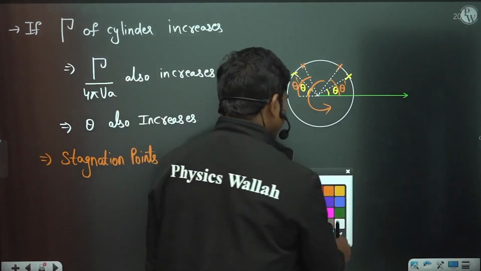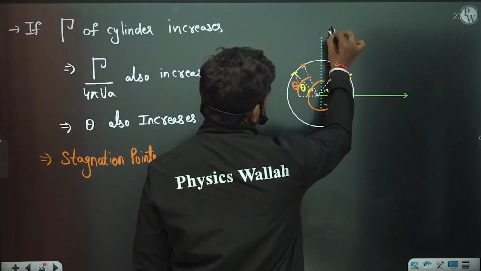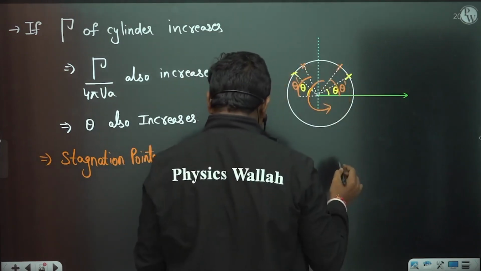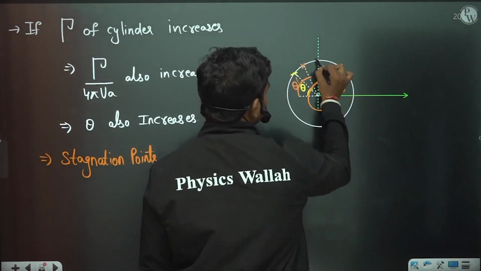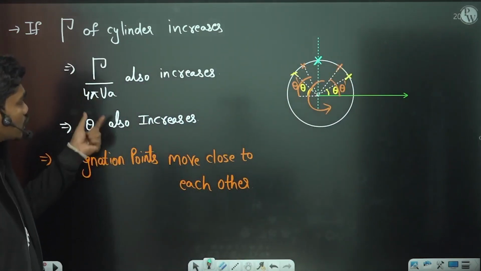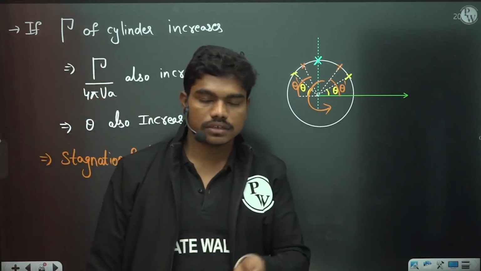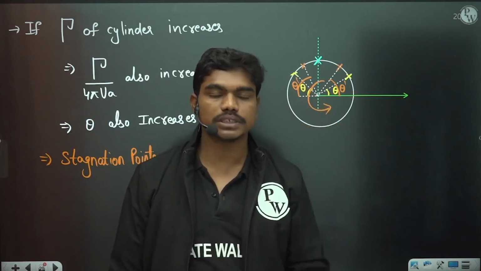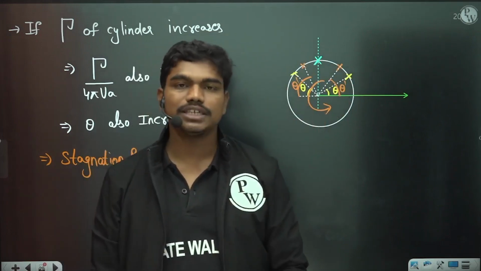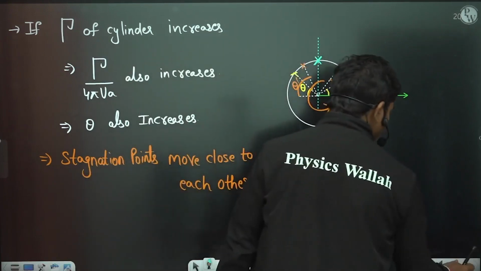As theta increases, there comes a location at theta equal to 90 where the two stagnation points come close and finally meet. So as circulation increases, the stagnation points move close to each other, and when the rotational speed keeps increasing, there comes a situation where, instead of two stagnation points, you will have only one stagnation point, correct?